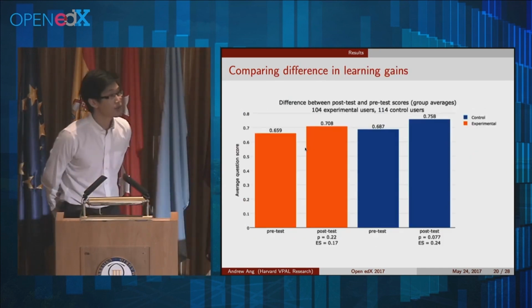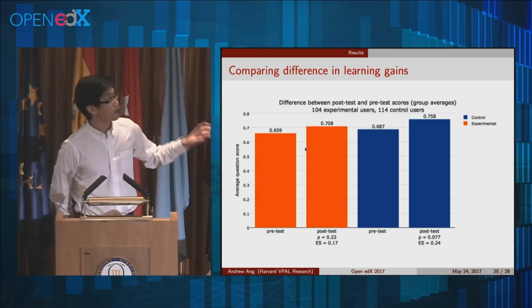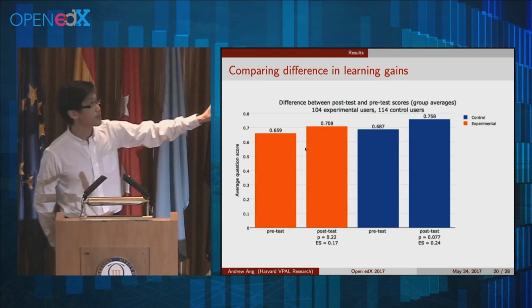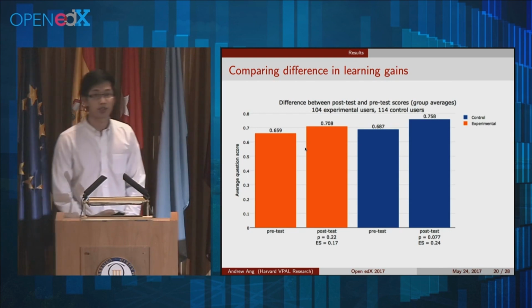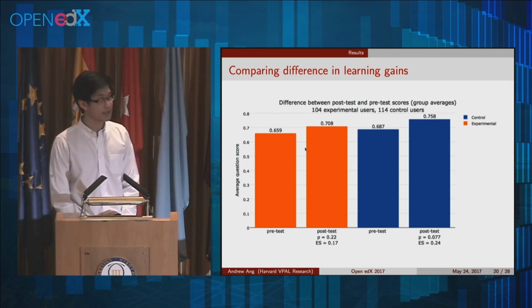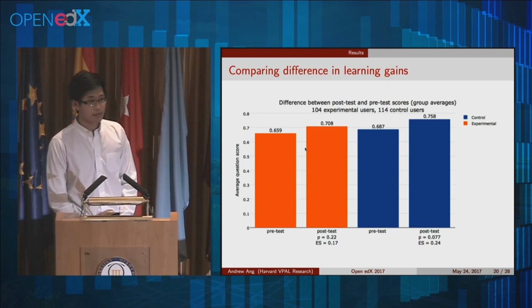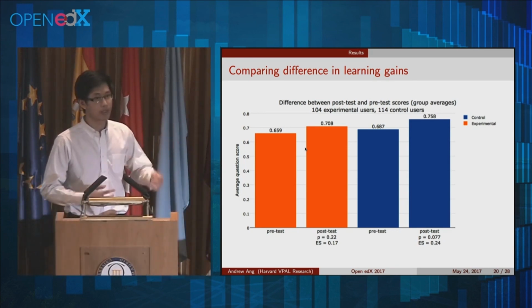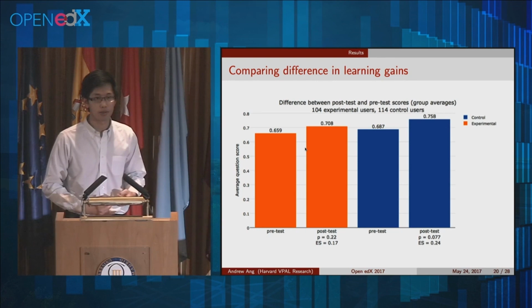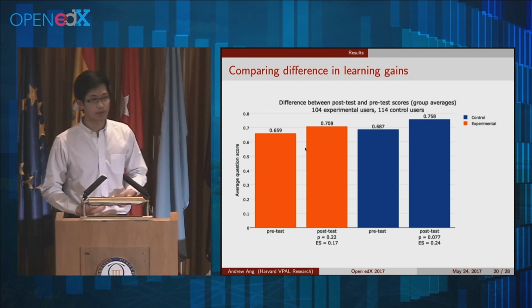And so this first graph shows the orange is the experimental group who experienced adaptivity, and the blue is the control group who just got a regular sequence of questions. And this shows the difference from the pre-test to the post-test, which we interpret as learning gains that you had because you took this course.